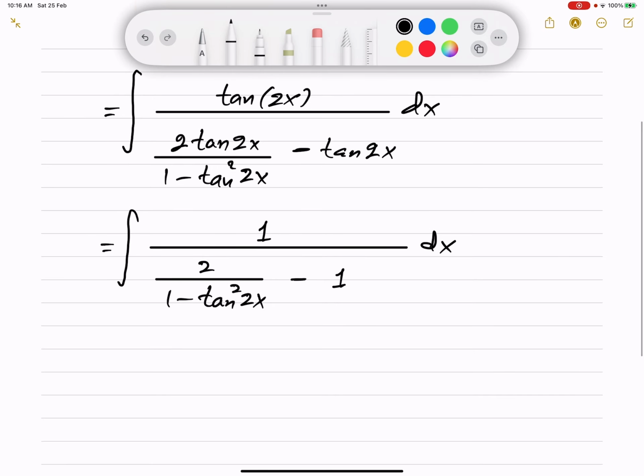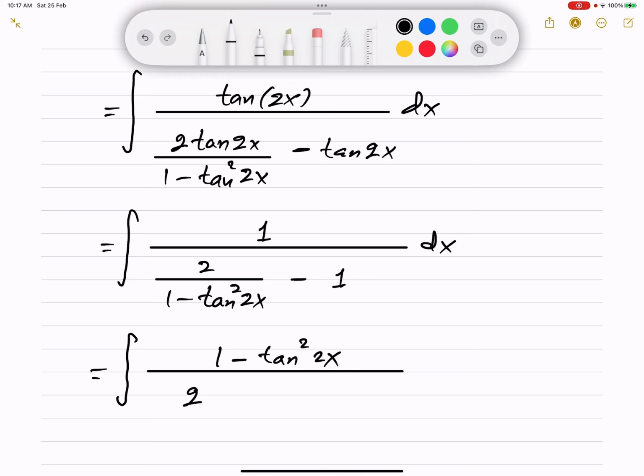And then the next step is to multiply both the numerator and the denominator by 1 minus tangent squared of 2x. So that's going to give us the following. Okay, so 1 minus tangent squared of 2x, and here is going to give us 1 minus tangent squared of 2x and then dx.